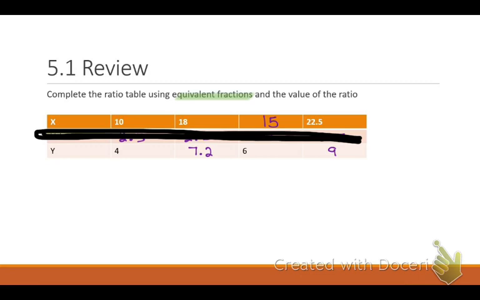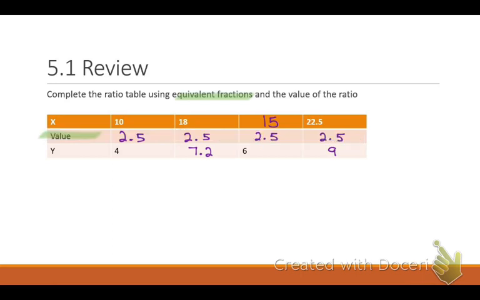That box wasn't there on your homework assignment, but you still had to find the value so you could go back and forth and fill it in. Does that make sense, guys? So I added in that box to help you learn that. In order to find the equivalent fractions, you had to have a value of the ratio.